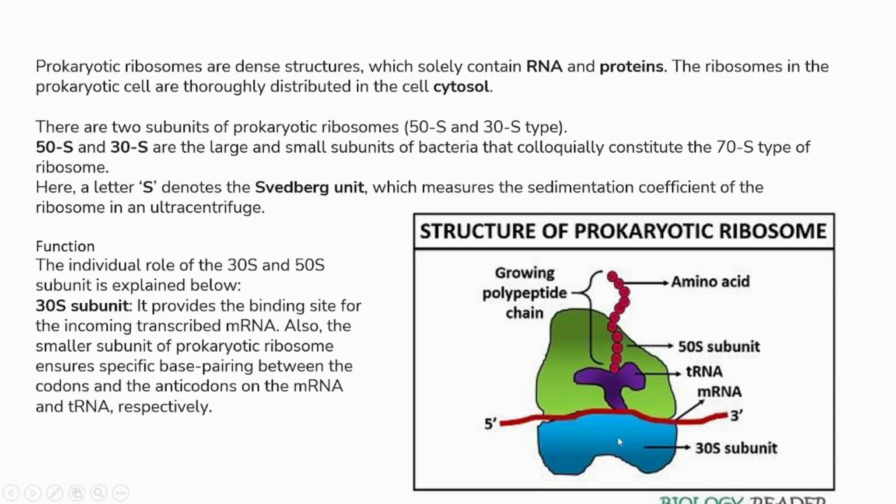And it helps in the pairing of codons and anticodons of mRNA and tRNA. Here you can see the mRNA and the tRNA. The codons and anticodons help in the formation of amino acids, and these amino acids grow as a polypeptide chain.